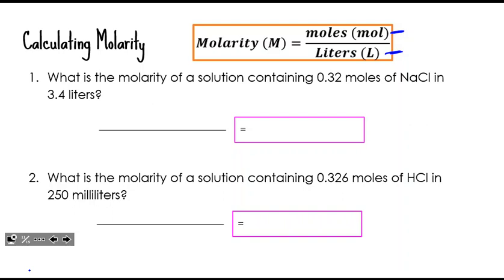There are other ways to do concentration, like percent by volume, percent by mass, molality, any of those things. But for our purposes, we use molarity. AP Chem and College Board only uses molarity, so this is the one that we really go into a lot of detail with. So the moles represent the particles, the liters represent the space.